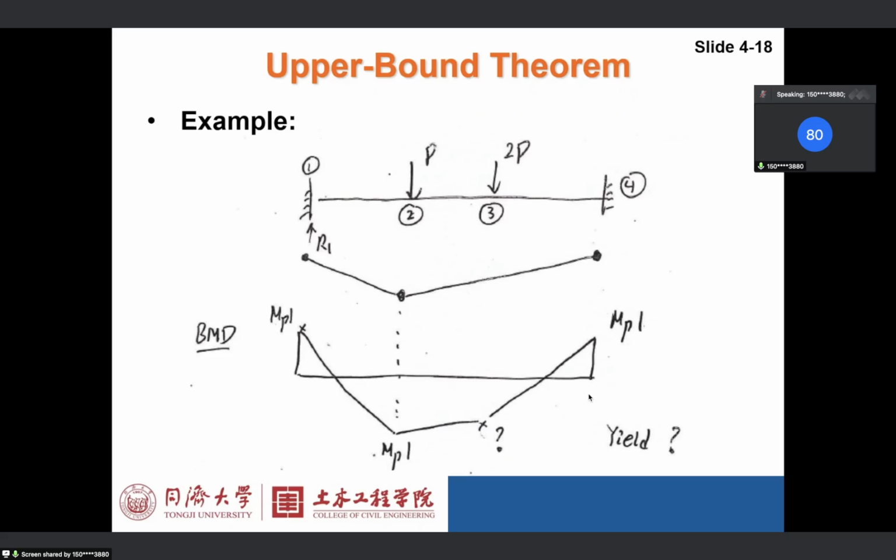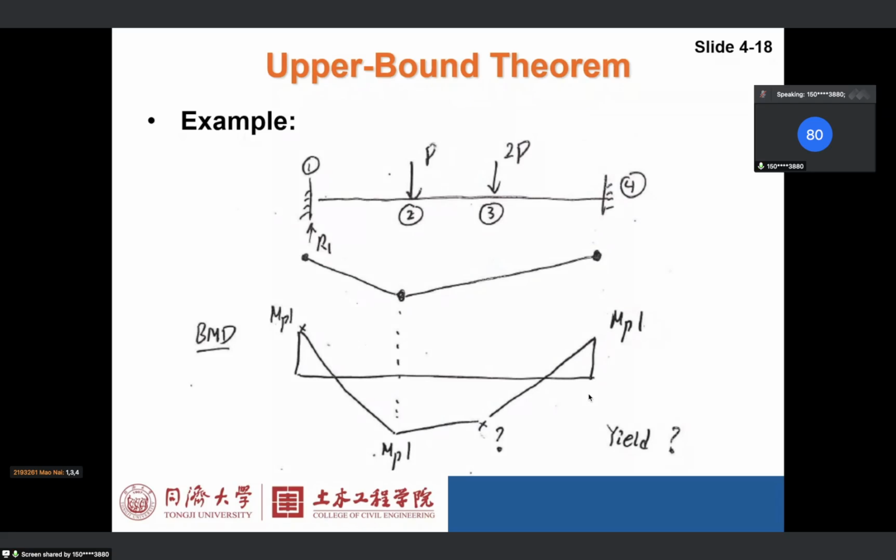The second question I will ask: for this beam, there will be 3 points, right? Which 3 points will experience plastic hinges? Type it down, please. There will be 3 plastic hinges.